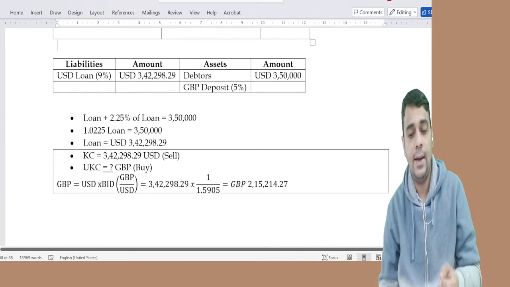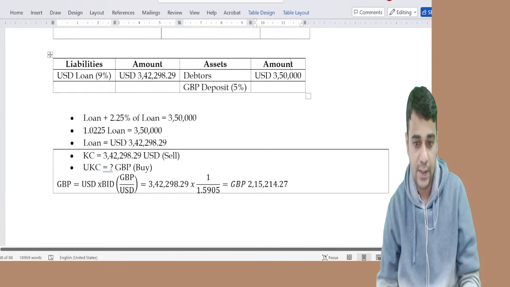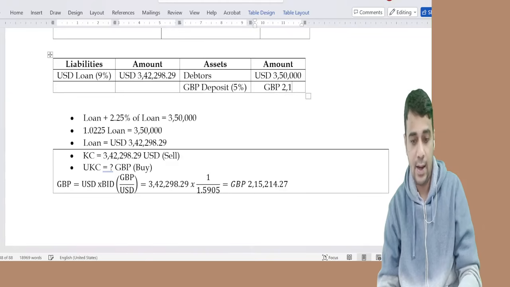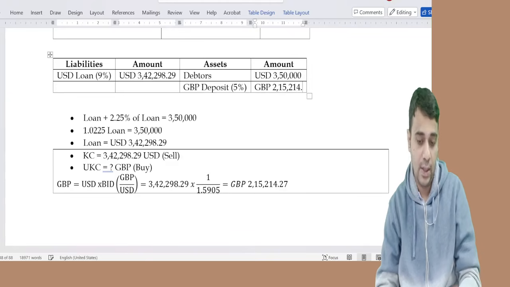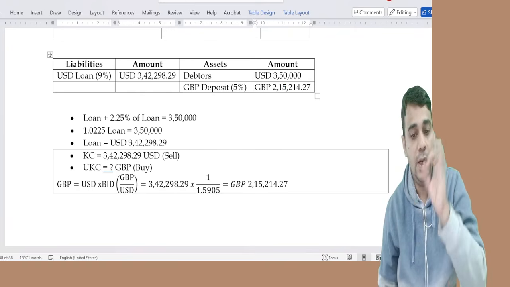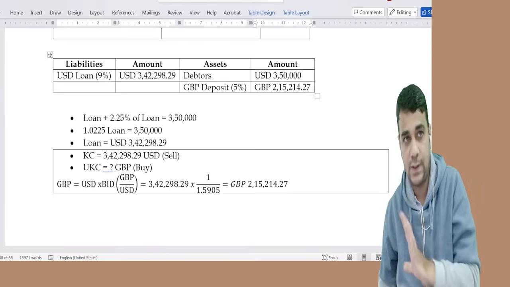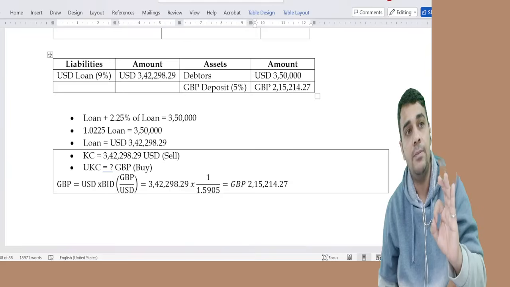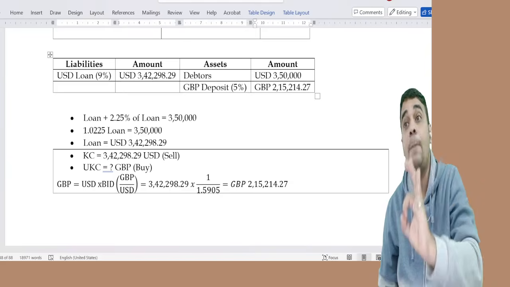I am not in need of money, so I created a deposit is the logic, because anyway the money will come after 3 months. So what I did is I converted a US dollar debtor into a GBP fixed deposit asset. Both are assets only. US dollar debtor has now become a GBP deposit.